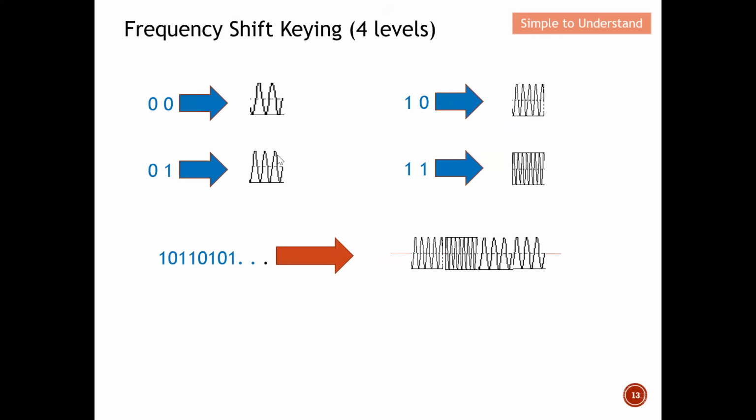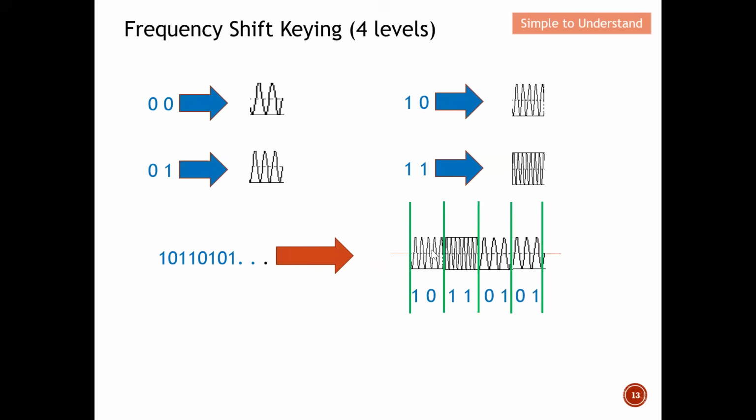You can see that this has a higher frequency as compared to this. And when the message is 10, I would like to increase the frequency of the signal again. And this message 11 has the highest frequency. Based on the same example, the same message that we use to represent the digital signal, I can represent it as seen over here.